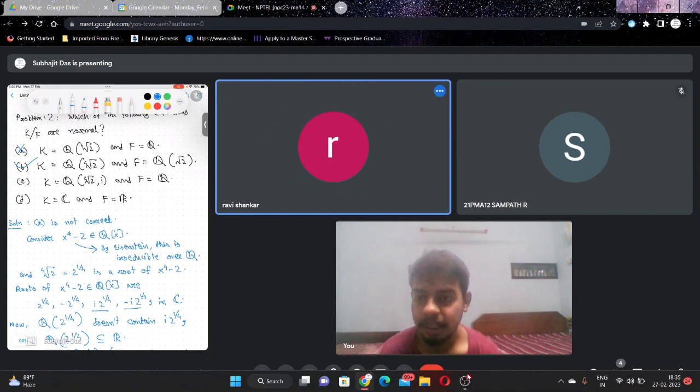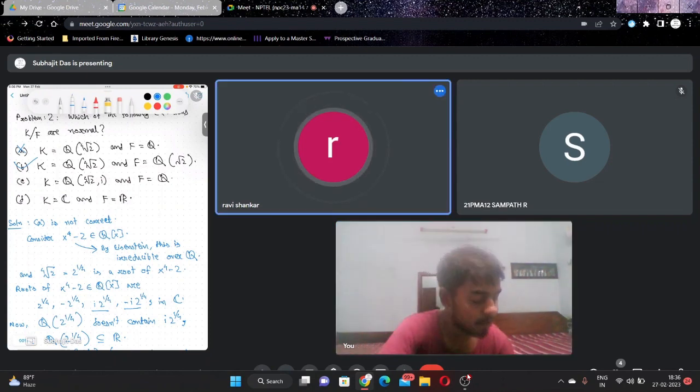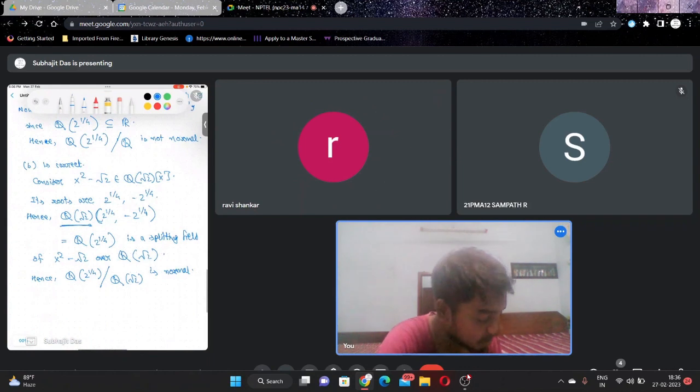Yeah, so what? This extension contains i and the 4th root of 2, which means that it contains the 4th root of 2, minus the 4th root of 2, i times the 4th root of 2, and minus i times the 4th root of 2. And we saw that x to the power 4 minus 2 is a polynomial in Q[x], right? So if you look at the polynomial again, so C is correct.